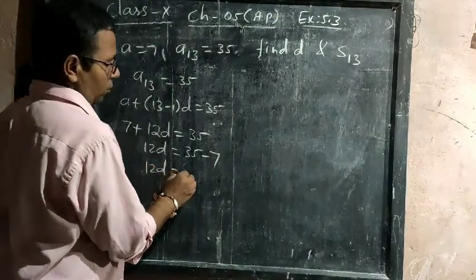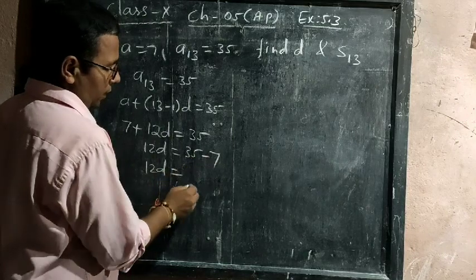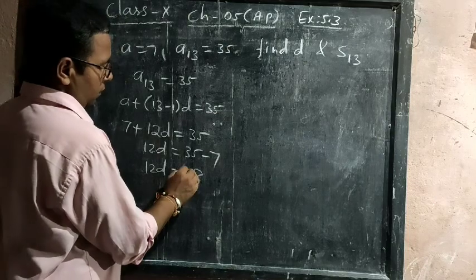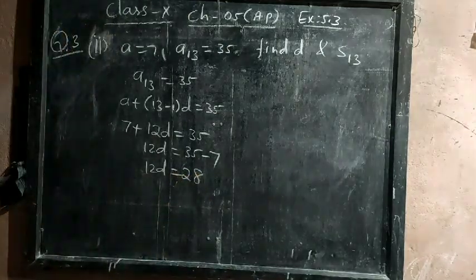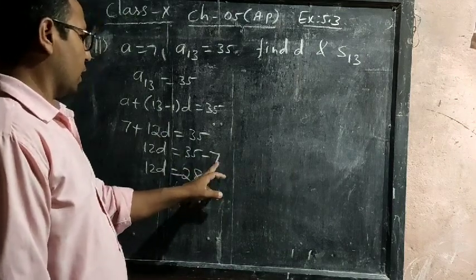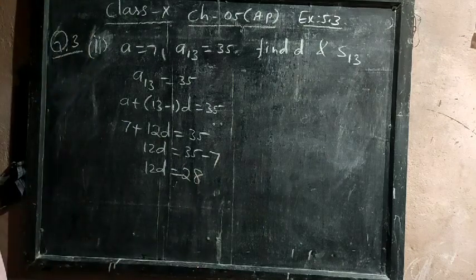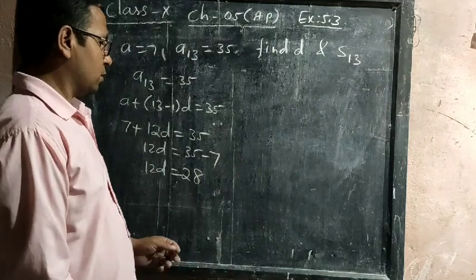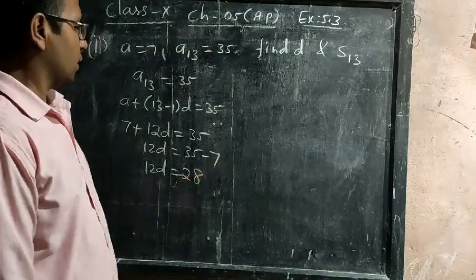12d is equal to 28. We get 28 here. Let's see: 35 minus 7, 5 minus 7 borrowing, 15 minus 7 is 8, and 3 minus 1 is 2, correct, 28.